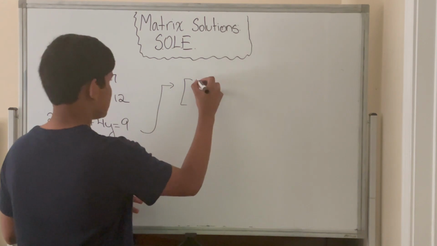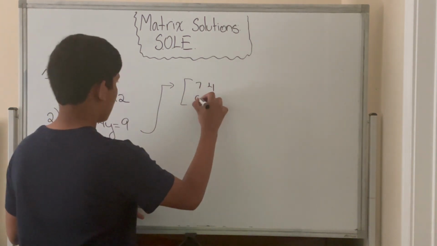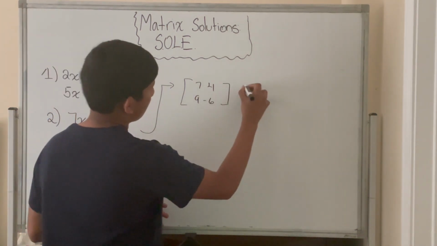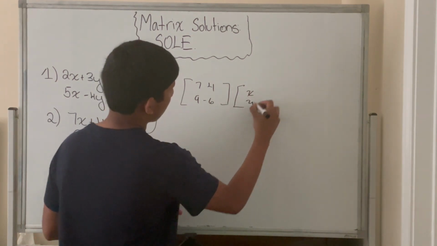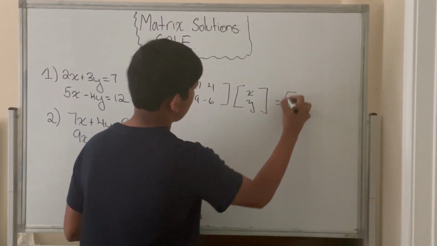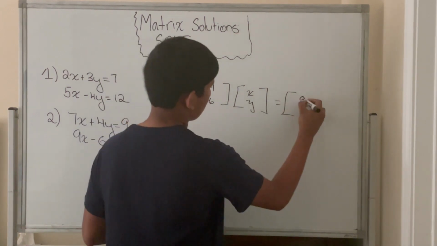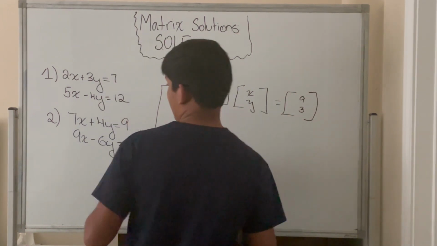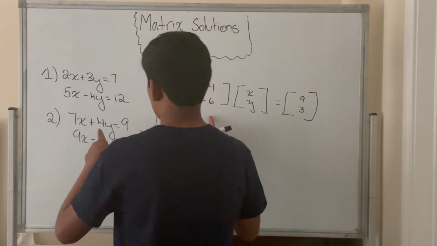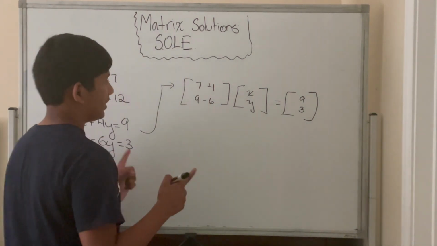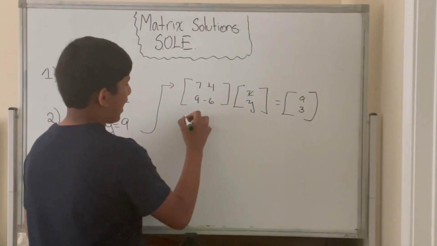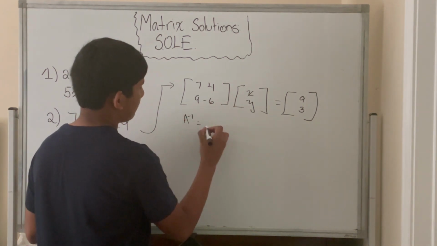So, we have 7, 4, 9, negative 6, times x, y, equals 9, 3. Okay, so A inverse is just going to be 1 over the determinant.